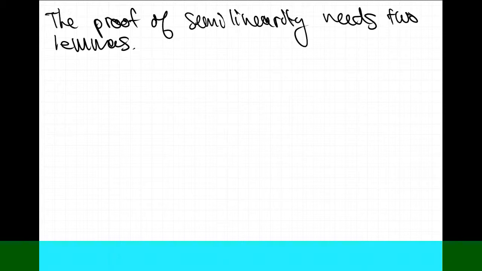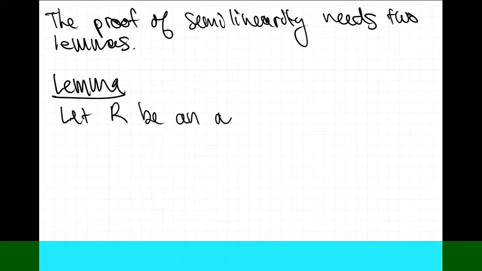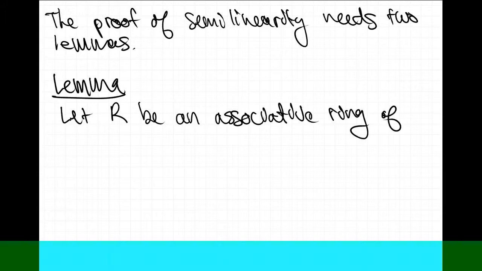Okay, so I'm just going to write them as a single lemma, and they're both kind of just silly. So let R be an associative ring of characteristic P.